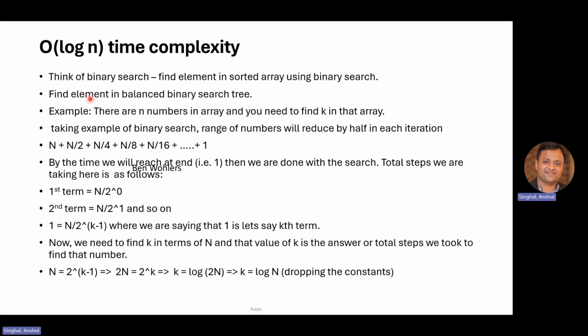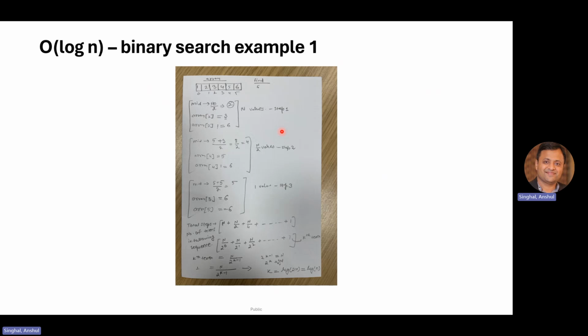Basically, we can think of binary search. What is binary search? In binary search, we are usually given a sorted array and a number, and we have to find that number. Let's first go through the example I have here.